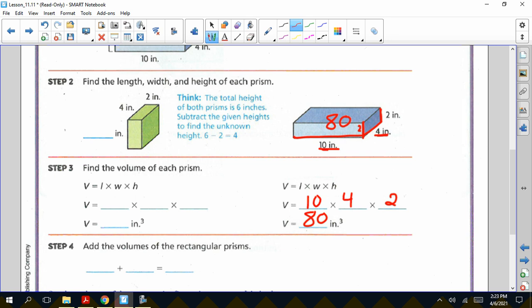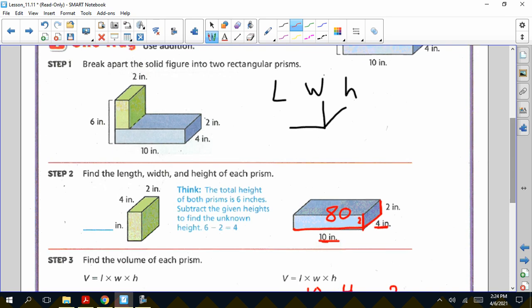Now we look at the green one. We'll scroll back up here so we can look at this. Again, we need a length, a width, and a height. The length here is 2 inches. The width, we don't know.